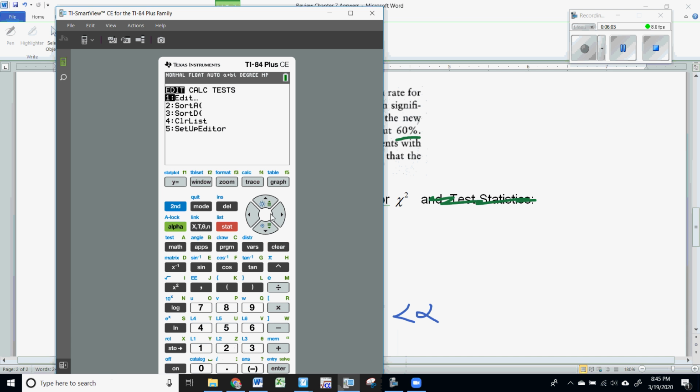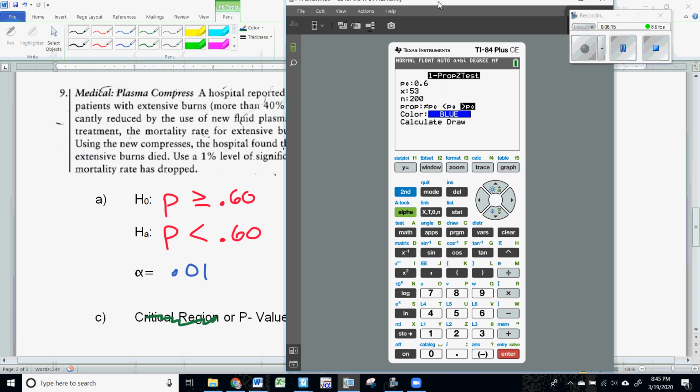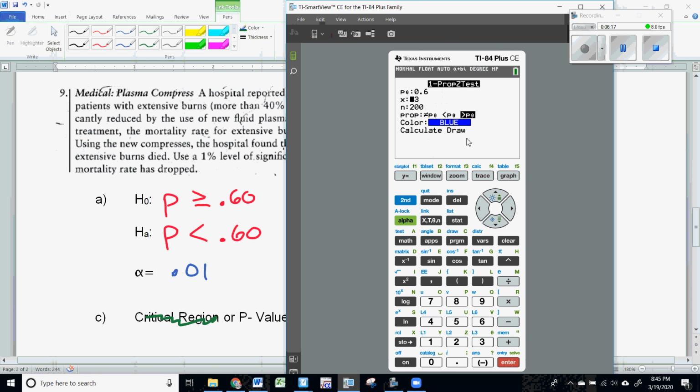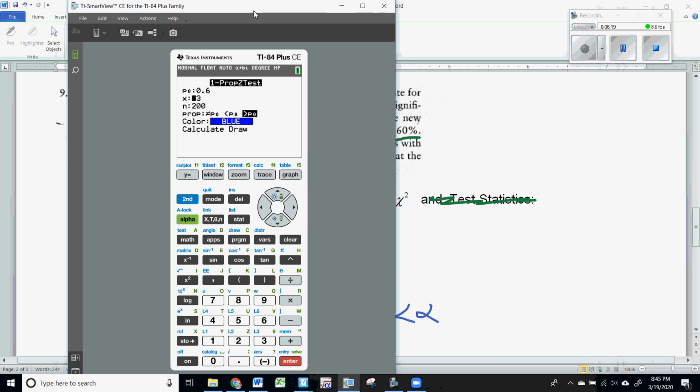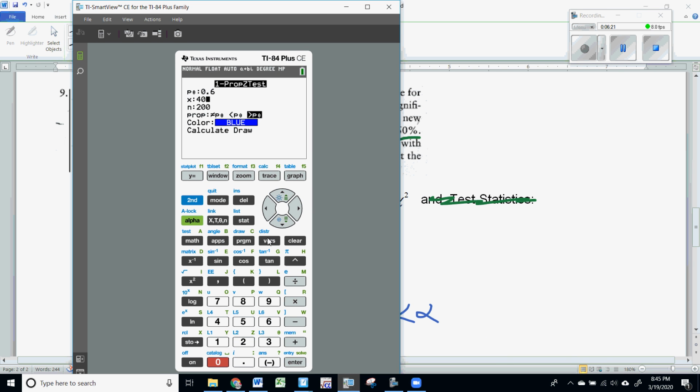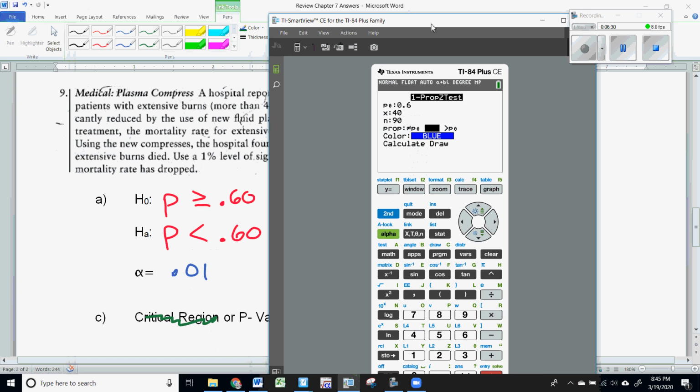So we go to stat. The test we are doing is the one proportion z-test. Our p is 0.6. Our x was 40. Our n is 90. This is less than 60%.